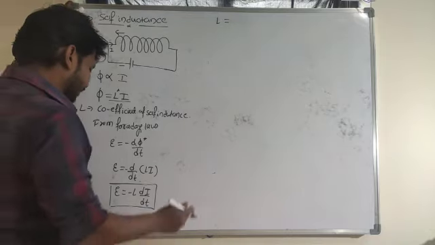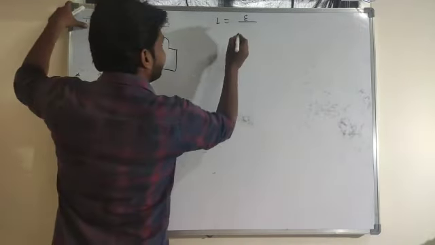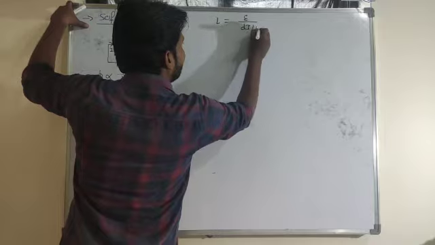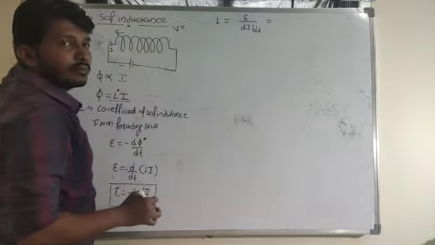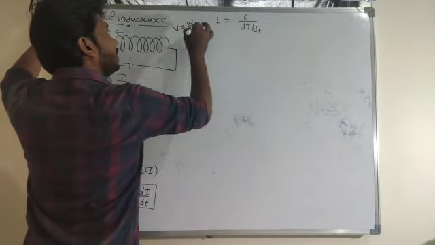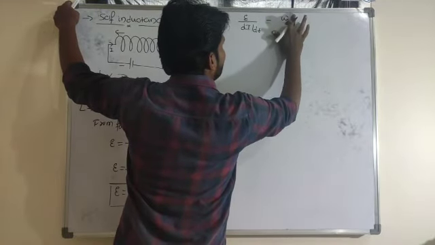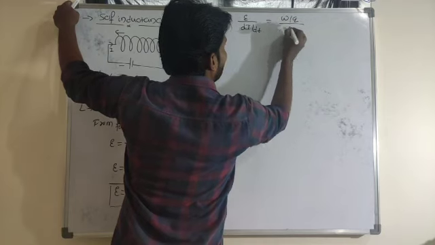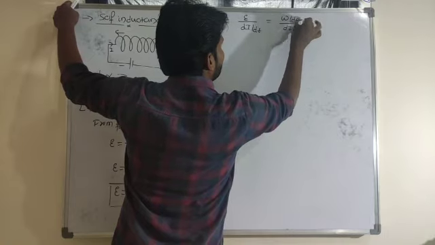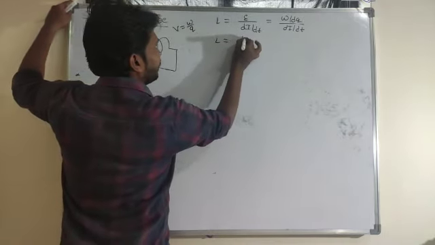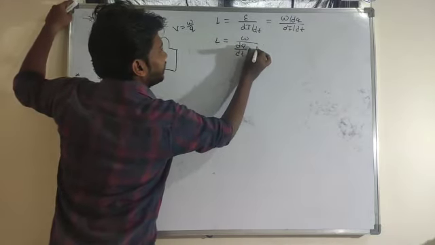So L is equal to E divided by dI by dt, where E is the EMF, or V. From electrostatic potential, V is equal to W by Q. So L is equal to W by Q into dI by dt, or W divided by dq, and then dq by dt into dI.